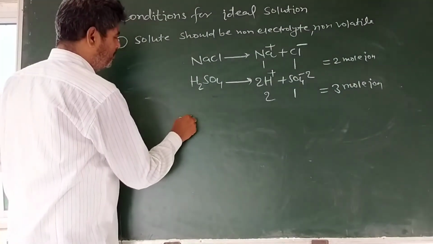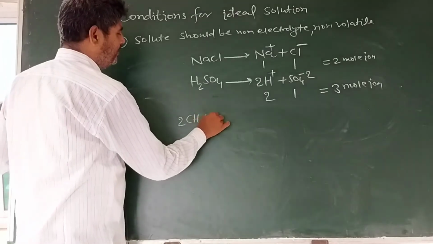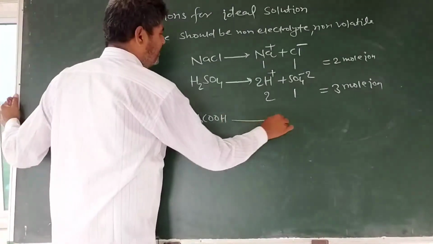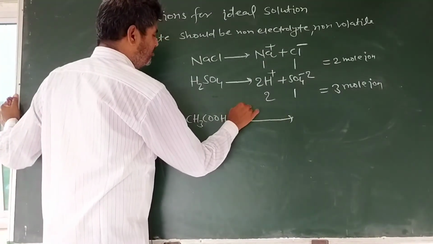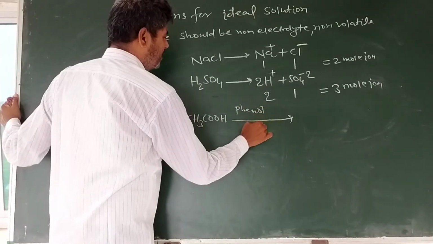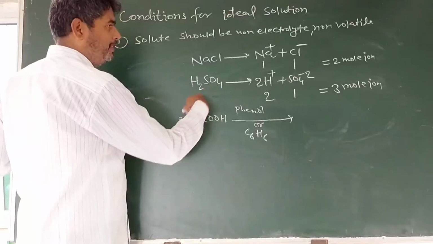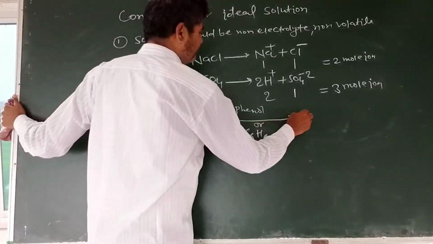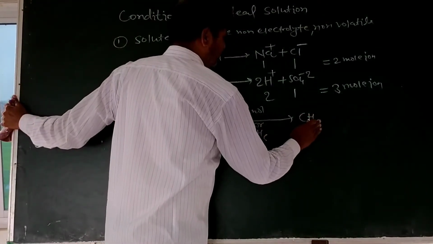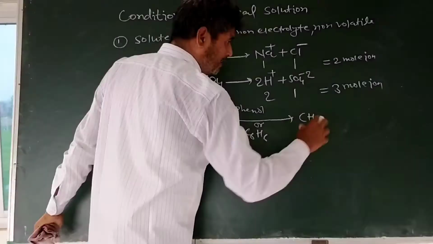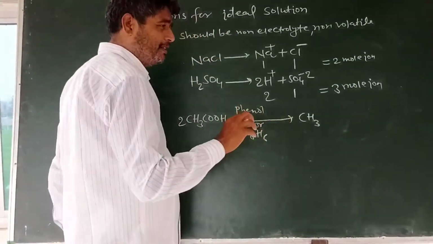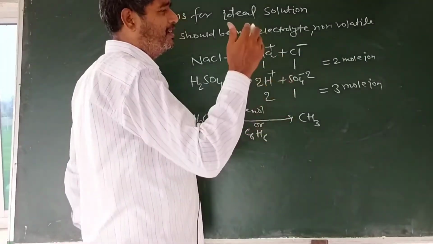Suppose 2 moles of acetic acid are added in benzene, then it will dimerize. Dimerization means 2 molecules will combine with each other and behave as a single molecule.